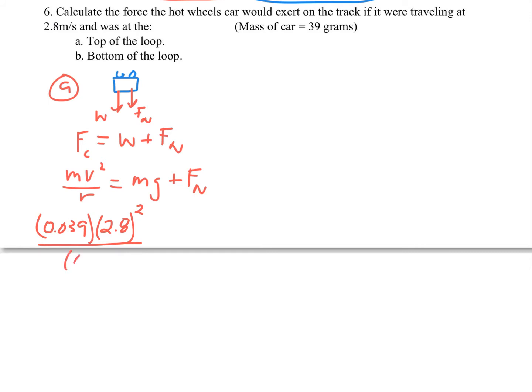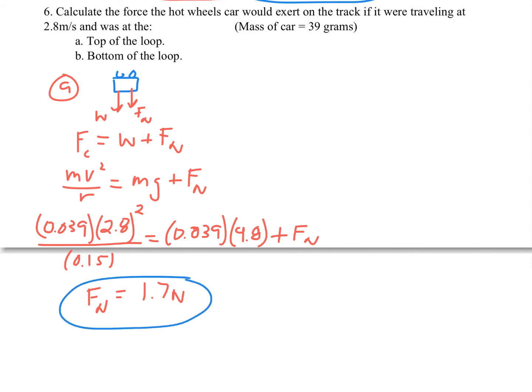The radius is still 0.15 meters, equals the mass of the car, 0.039 kilograms times 9.8, I'll use a little bit more accurate number here, plus F sub n. So F sub n is the force the track exerts on the car. If you go to your calculator and just plug in all the numbers, F sub n comes out as 1.7 newtons. And that's the force the track exerts on the car.